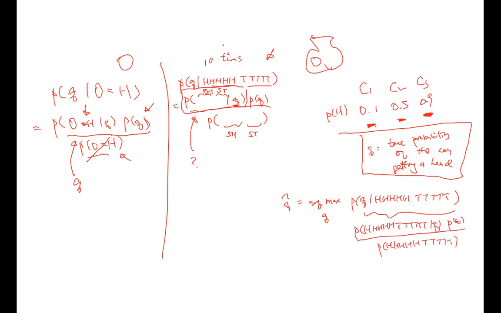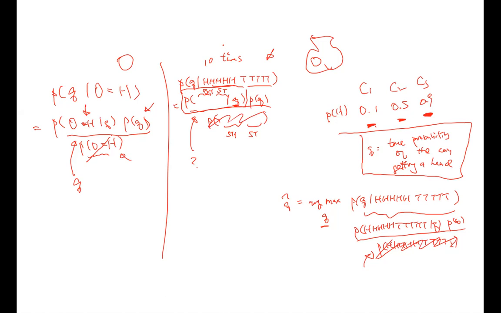As I said, this denominator is not important because it's independent of Q, so I can pull it out or simply ignore that. That's why, as I said earlier, we typically don't need to worry about that.